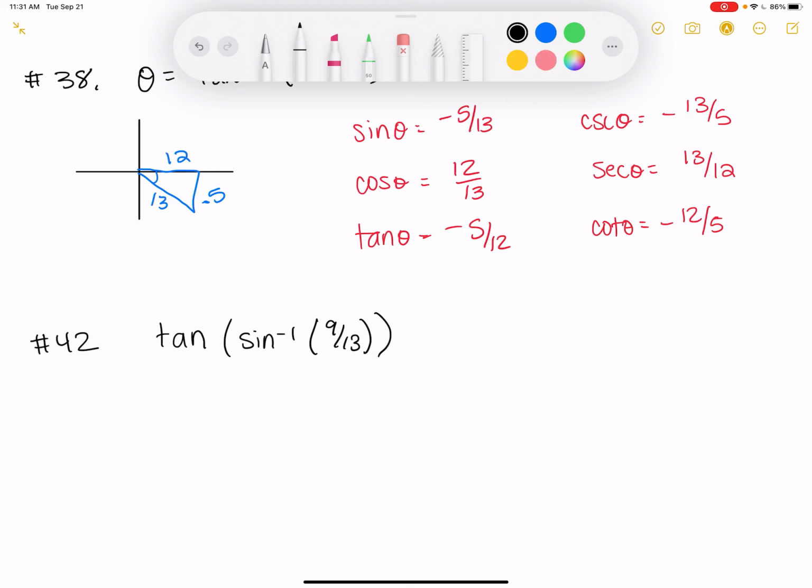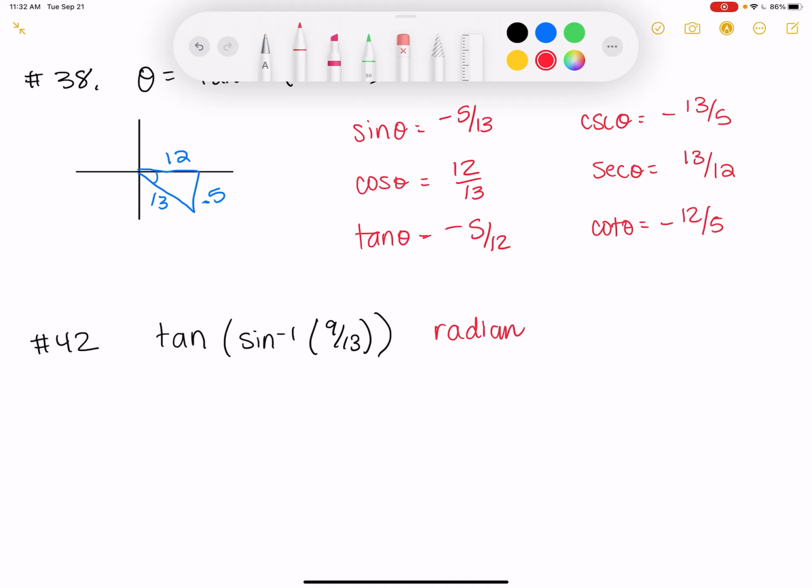In this case, 9/13 is not something we know right off of the unit circle. So you're just going to use your calculator in radian mode. You probably can actually type the whole thing in all at once.